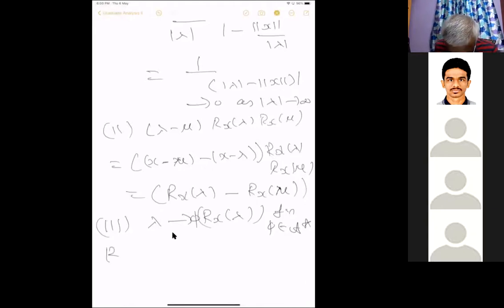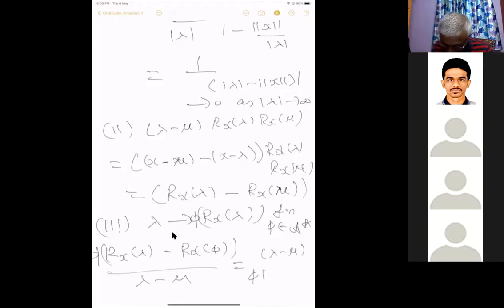So we want to consider this when lambda is not equal to mu: phi of Rx lambda minus Rx mu, divided by lambda minus mu. But then this is the same as the other one, lambda minus mu into phi of Rx lambda times Rx mu.